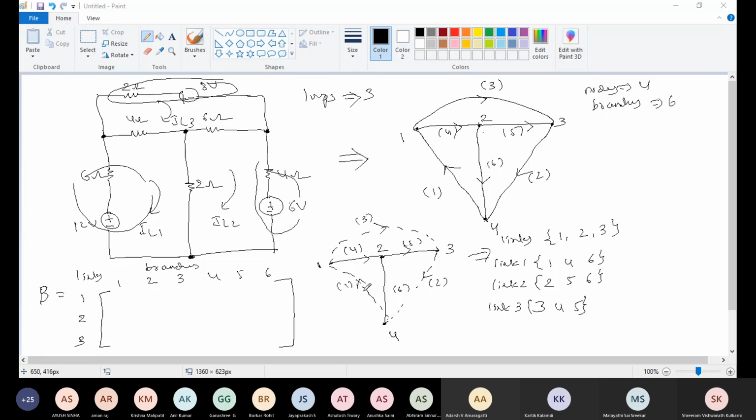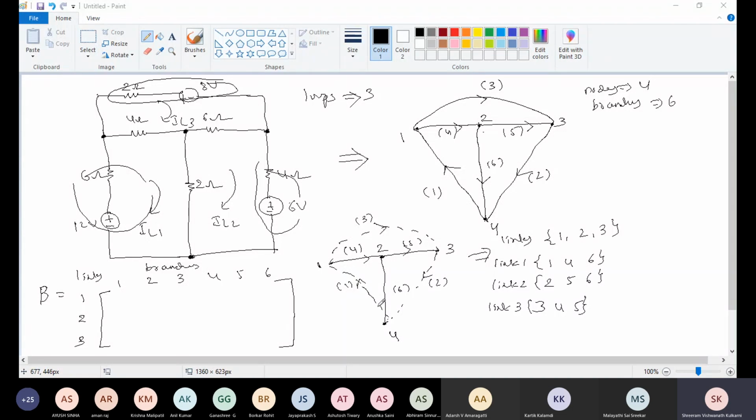That link with the direction of the link. It means whenever we replace a link in a tree, it has to form a closed loop. Then the direction or orientation is given by that link itself.